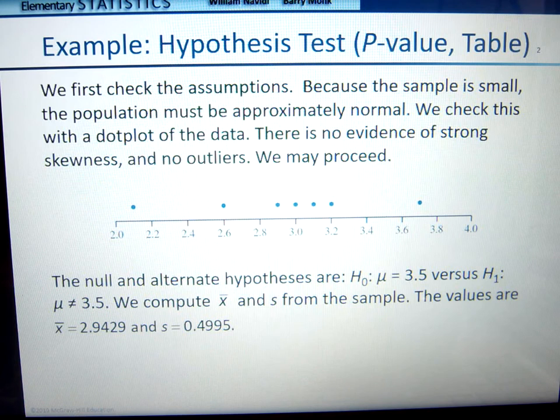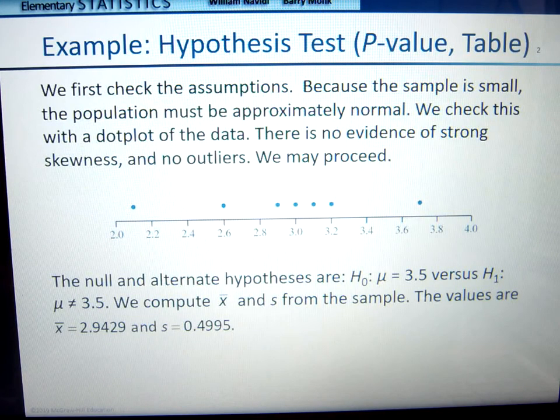First, we're going to check the assumptions. We can see that the sample is small, but it looks approximately normal, so we're okay with that. There's no evidence of skewness or outliers, so we can proceed. The null hypothesis is that the mean will be 3.5 versus the alternate hypothesis where it is not equal to 3.5.